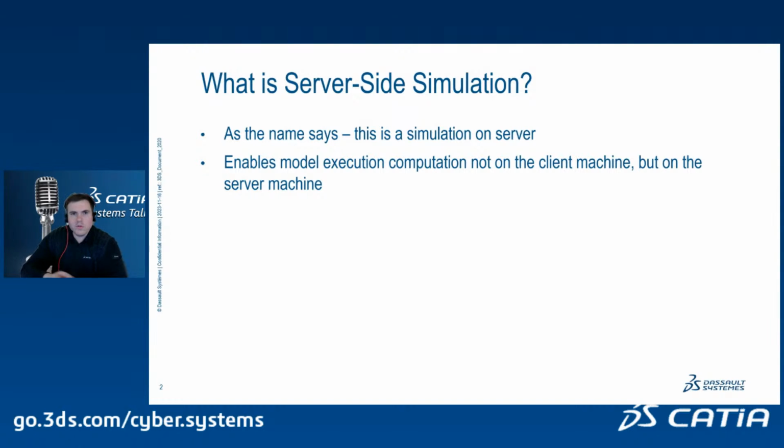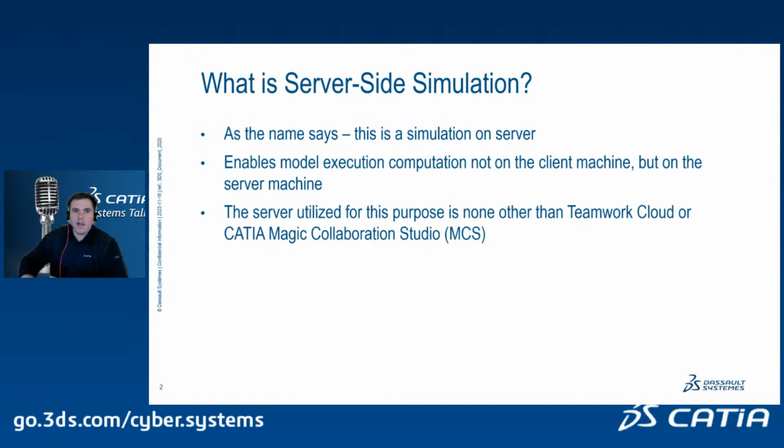As I told you at the beginning, the name of this feature says quite a lot. With server-side simulation, you do model execution not on the client machine, but on the server machine. And the server utilized for doing these executions is nothing else than Teamwork Cloud or CATIA Magic Collaboration Studio.